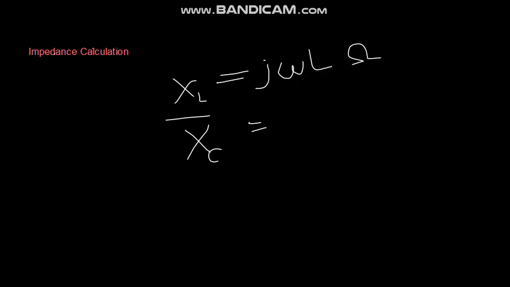That is 1 by j omega C. And for this equation, how could you really find this? In that kind of circuitry, your omega will be given in the Vt part.